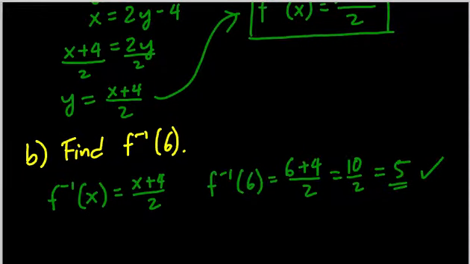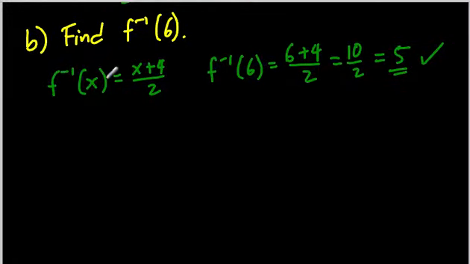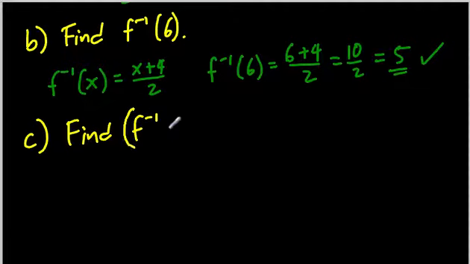Finally, the last question that I want to ask is this. It's actually going to involve composition of functions, something that we've studied already. So the question says, find f inverse of g of 9.